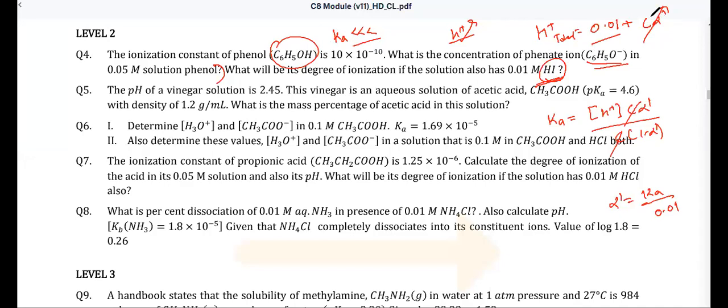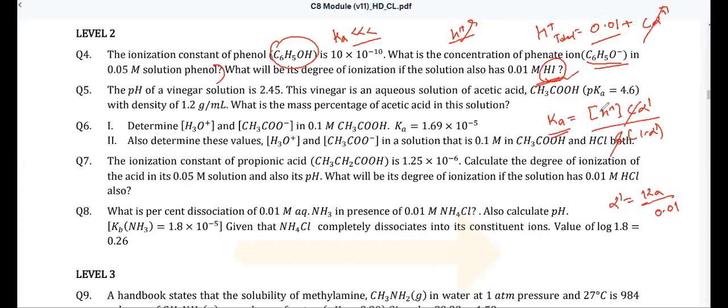Now I can say that since this C alpha dash will be negligible as compared to 0.01, the concentration of H plus can be taken as just 0.01, which is the concentration of H plus produced by HI. Now, again, the Ka will not change if the concentration is changed.